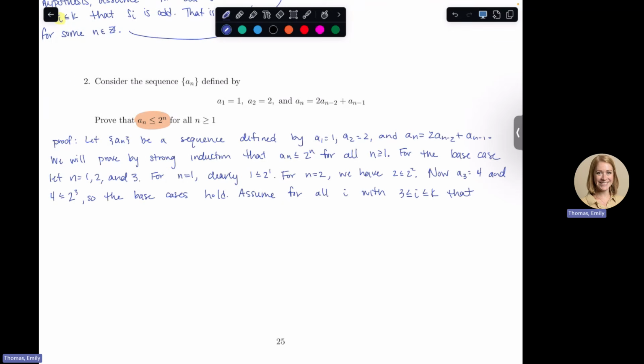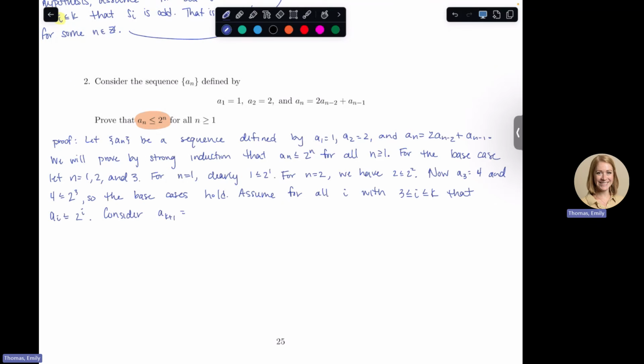A sub I. The inductive hypothesis, you're assuming this thing is true up to the kth spot. So we assume for all I between 3 and k that A sub I is less than or equal to 2 to the I. Remember, we're going to consider A sub k plus 1.